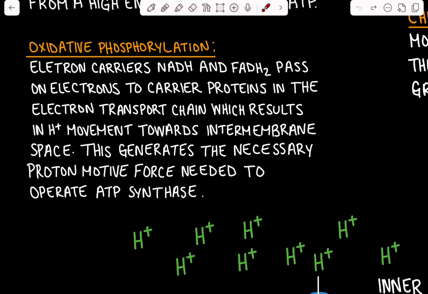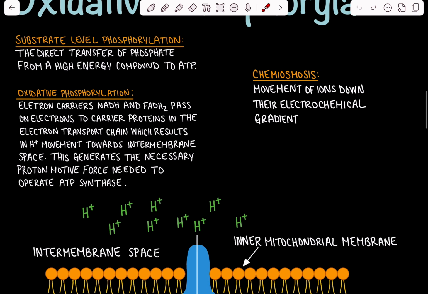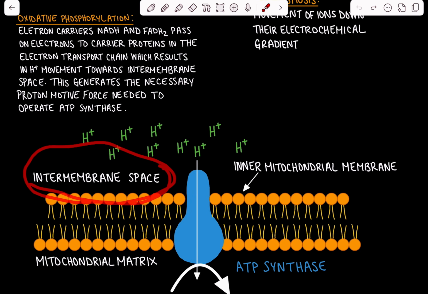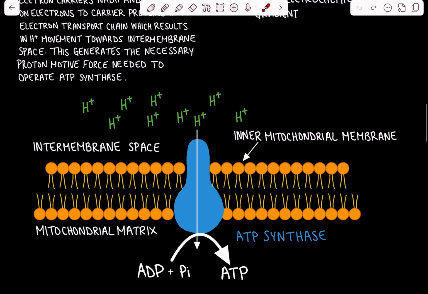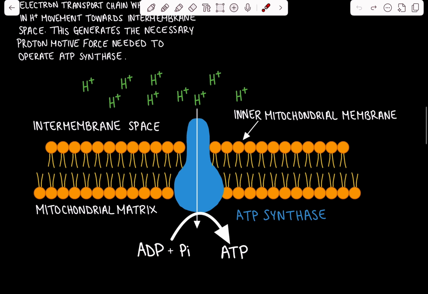As these electrons move through the electron transport chain, hydrogen ions are pumped into the intermembrane space, and this generates that electrochemical gradient, which gives the necessary energy for the proton motive force, which is going to drive ATP synthesis.